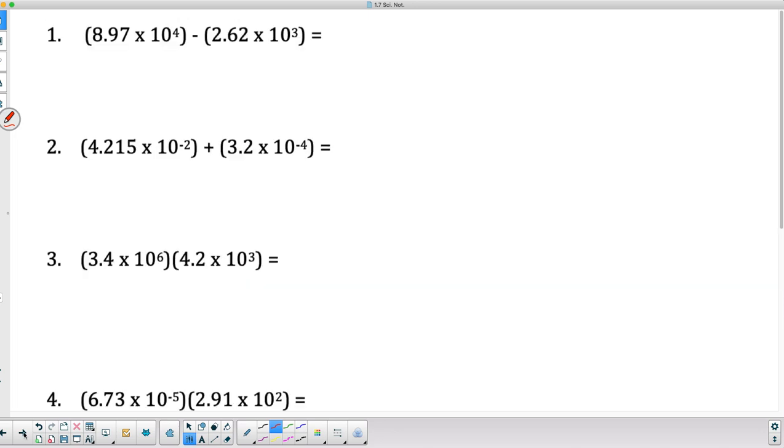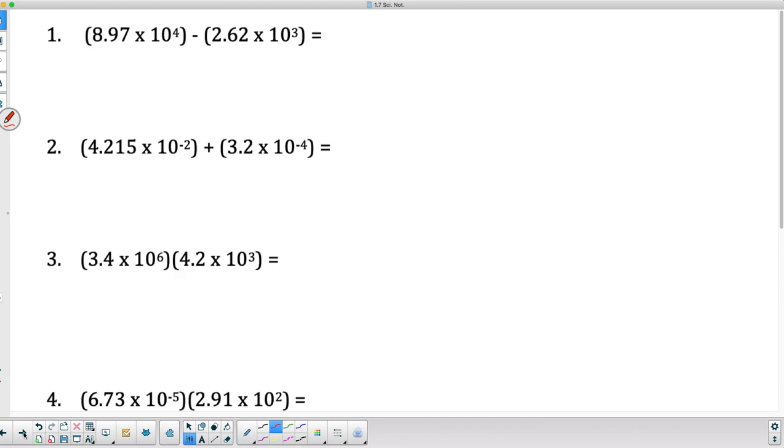Here you're just going to do some practicing. You can type this right into the calculator. If you're using a calculator from me, you should be looking for, I believe, a key that says EE or EXP. I'm not sure which one it is.